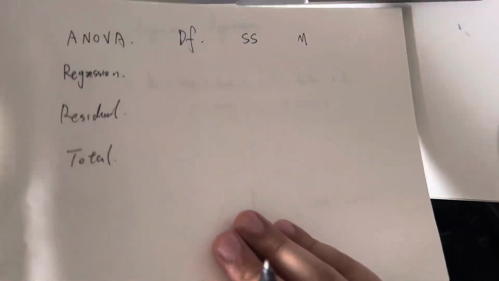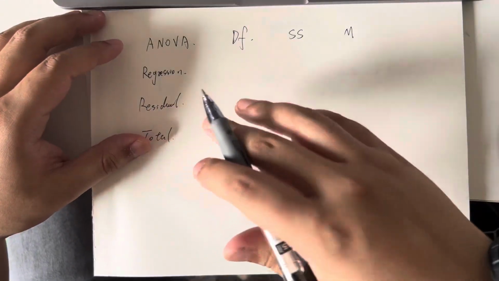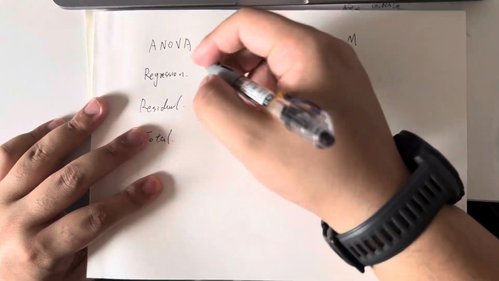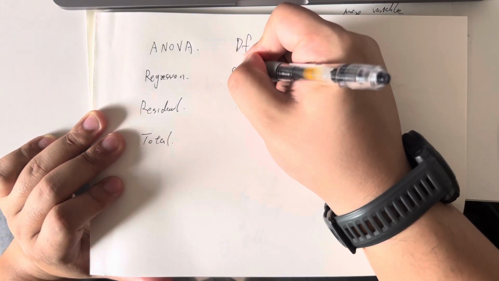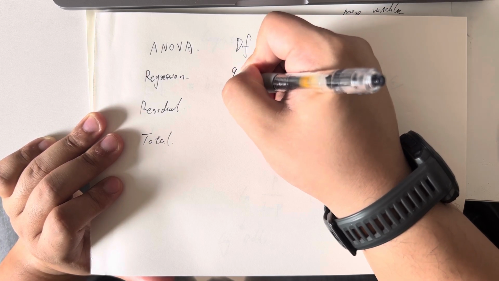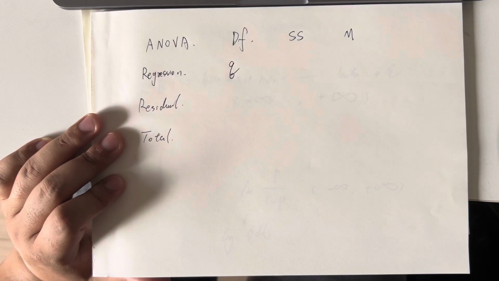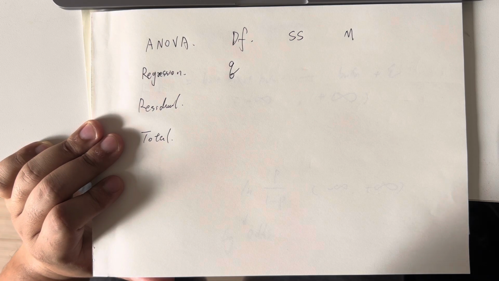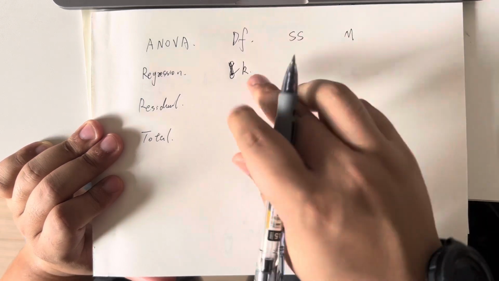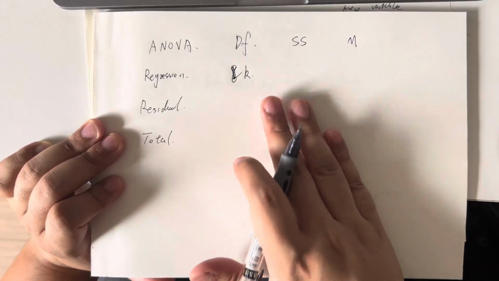So for example, you have another table like this, with all sorts of degrees of freedom, for this regression. Let's say we have k regression, so we have k variables here.